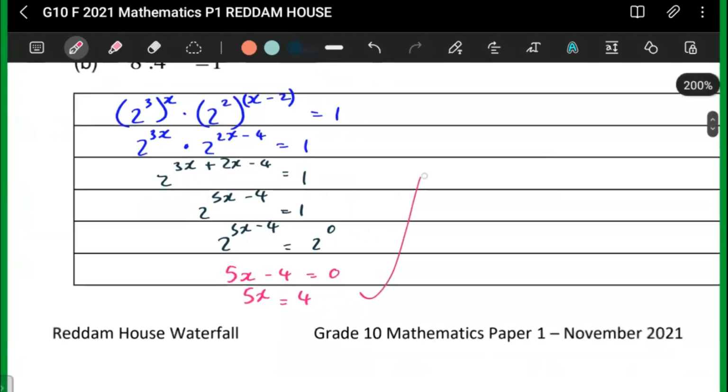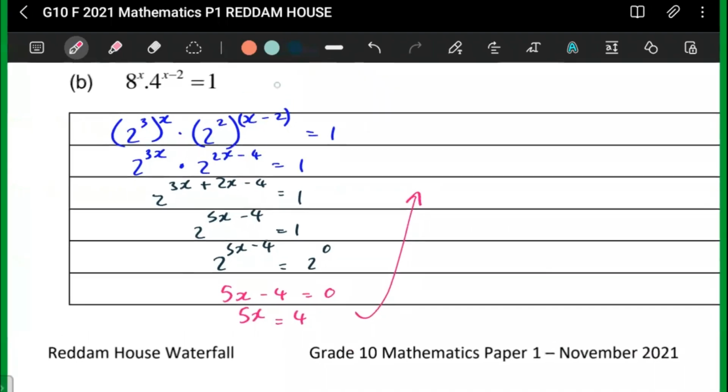And then here, you're going to divide both sides by 5. So here you're going to have 5x over 5 and the 4 here over 5. And then this cancels this. You're going to have your x is equal to 4 over 5, like that. That's going to be your answer.